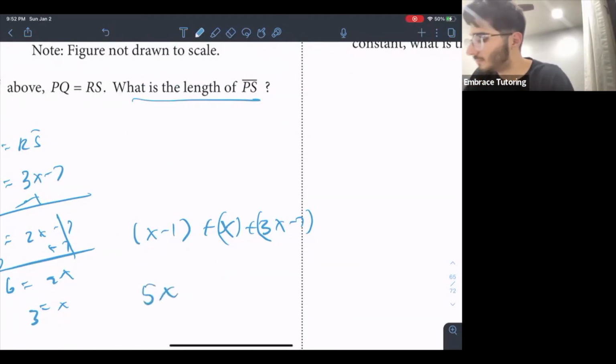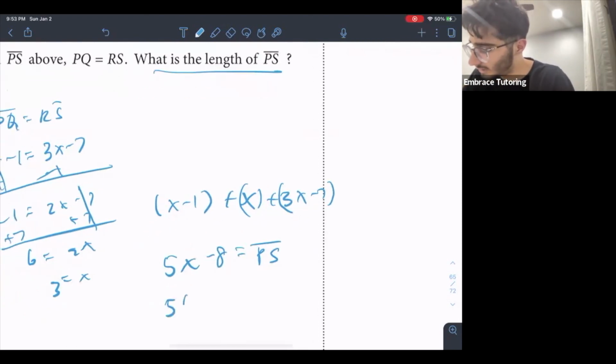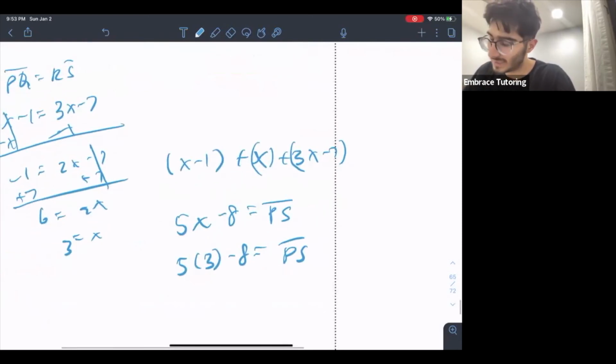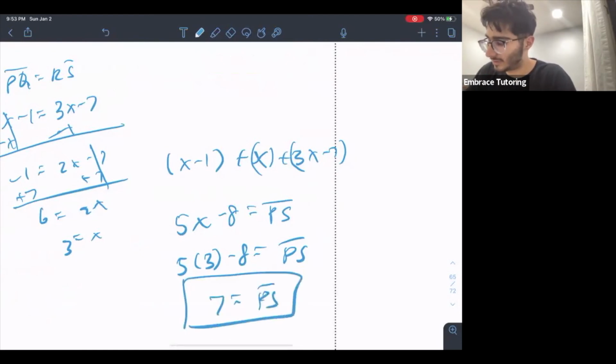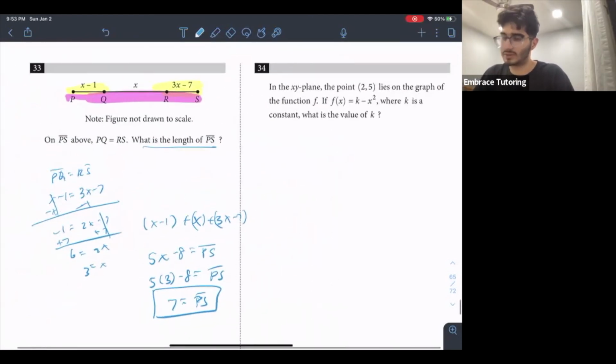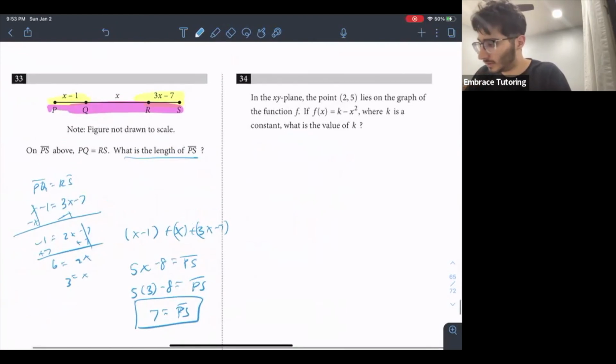And then -1 plus the -7, you get -8 is equal to segment PS. You plug in the 3, you get 5 times 3 minus 8 is equal to segment PS. 5 times 3 is 15, minus 8 is 7, is equal to segment PS. And that is your answer for question 33.